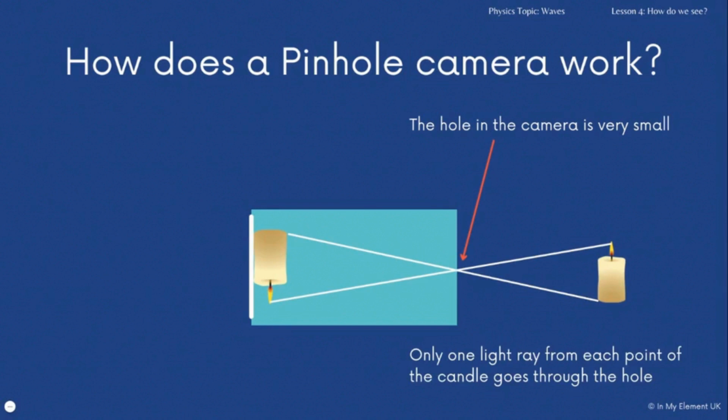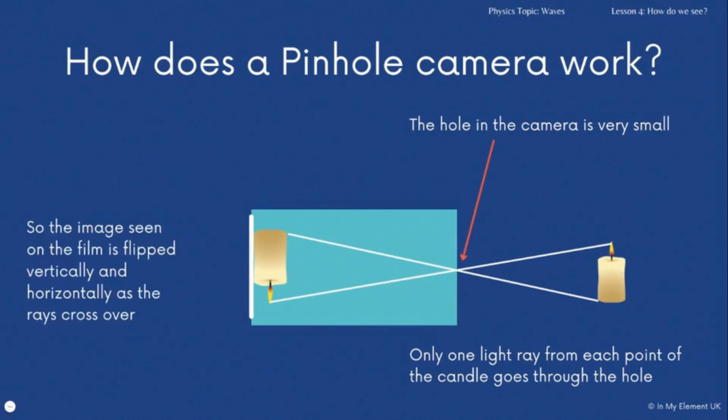Only one light ray from each point of the candle goes through the hole. So the image that's then seen is inverted, okay? And that's because those rays of light cross over. So it's usually flipped vertically and horizontally as those rays cross over.